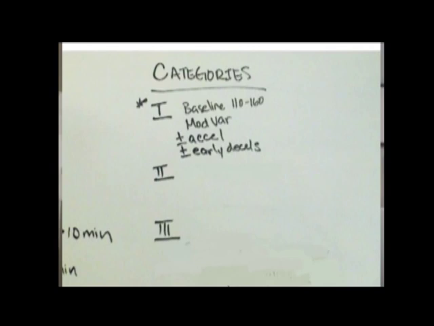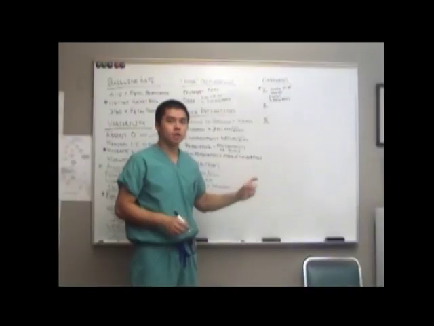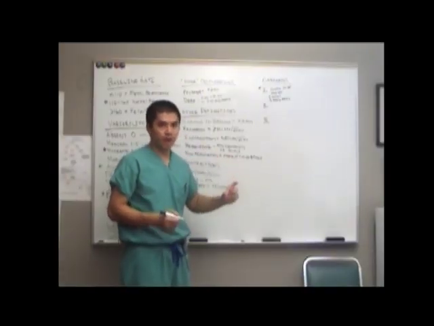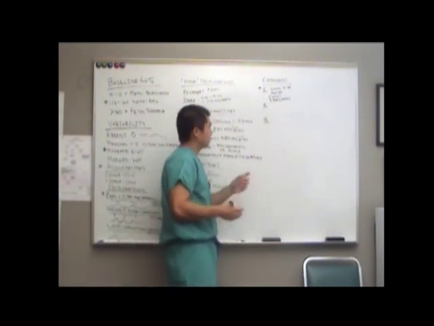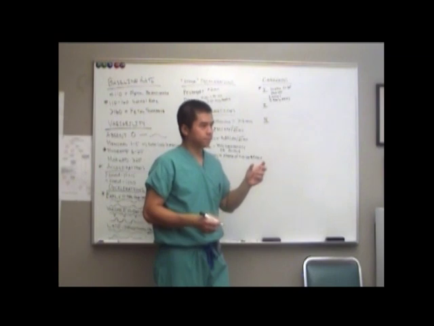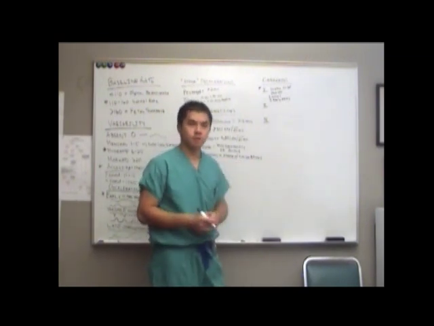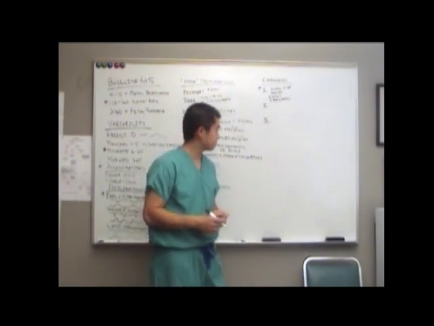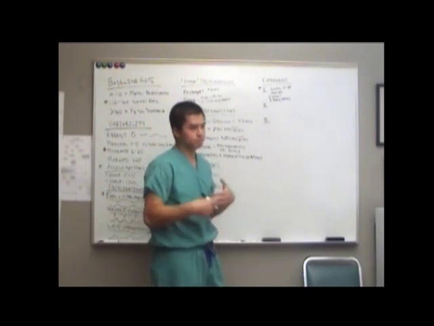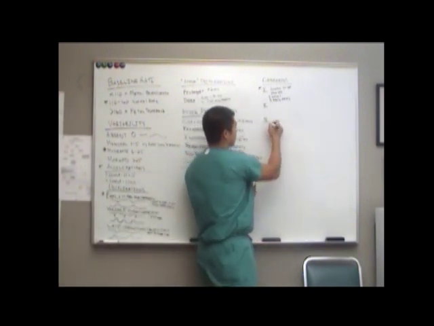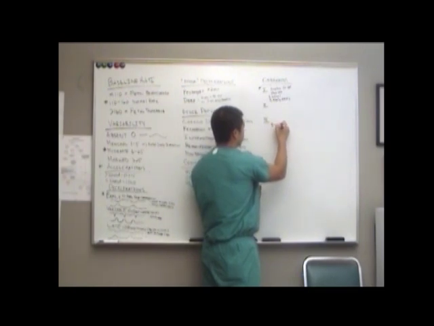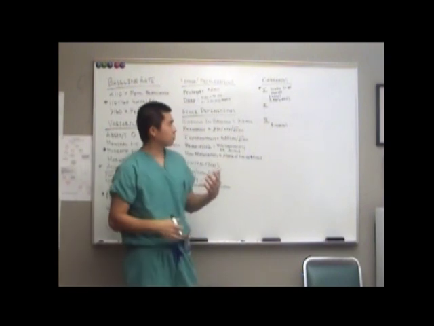So very strict definition. Category 3, again, we said, is the one that's really bad. Also has a very strict definition. So I think of category 3 as being one of 2 types of fetal heart tracings. The first one is the most ominous one that most people remember, and that one is the sinusoidal one. Now this is very rare.